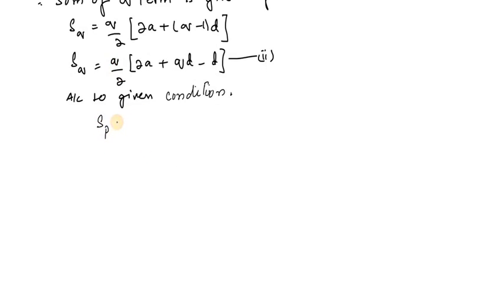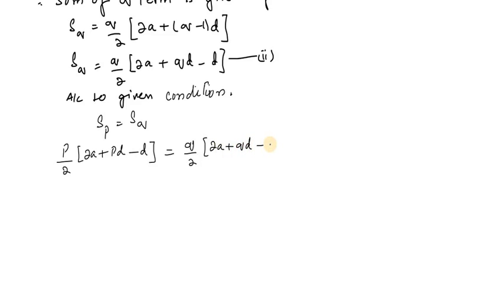That means Sp = Sq. So with the values of Sp and Sq from equations 1 and 2, we have Sp = p upon 2 [2a + p into d − d], and Sq = q upon 2 [2a + q into d − d].